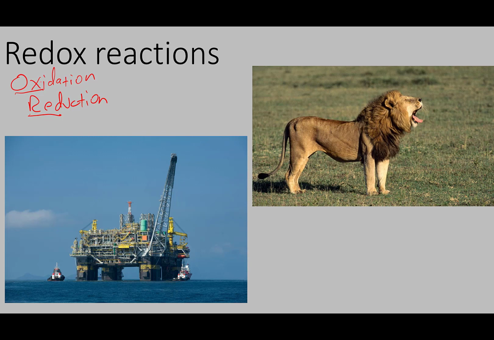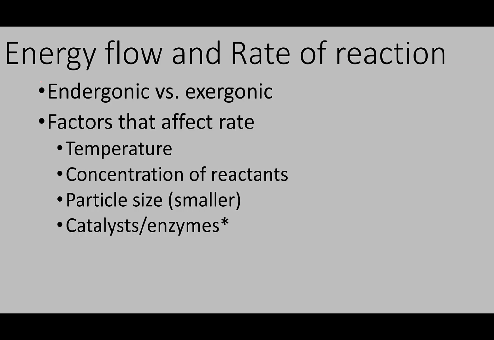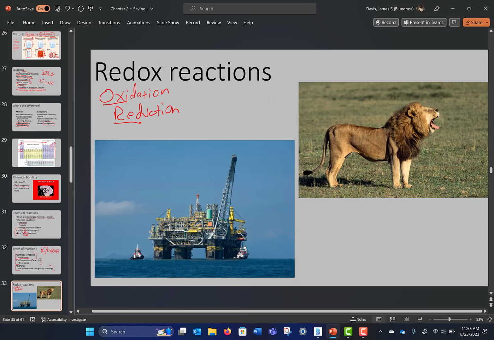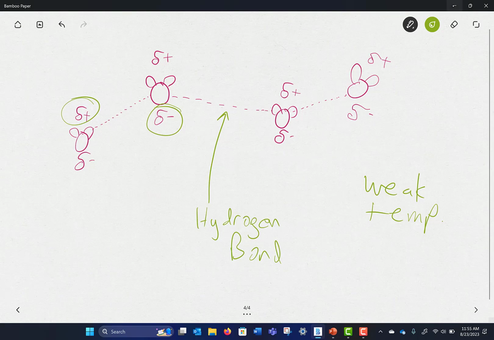Here, we're going to have electrons that are moving from one spot to another. And what we end up with is, I'm going to use the whiteboard for this to draw a redox reaction.